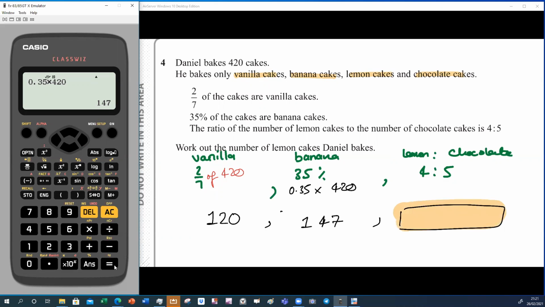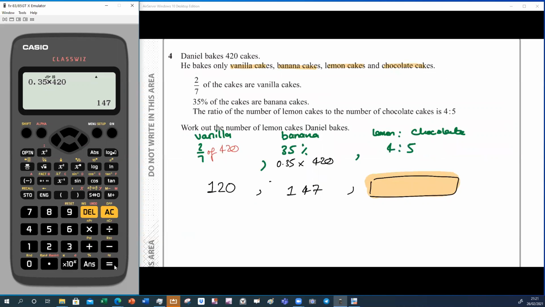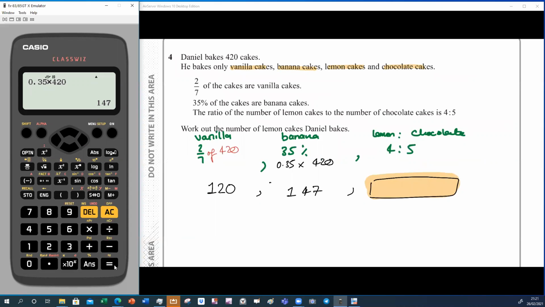You minus vanilla and banana from lemon and chocolate. So we have 420 minus 120 add 147, and that'll give you the answer there. Okay, who's worked that out? Please work that out. Put the answer into chat, please. We've got some answers coming through.